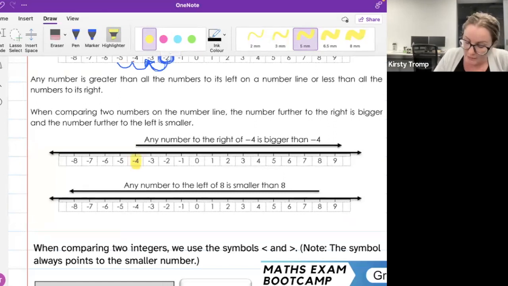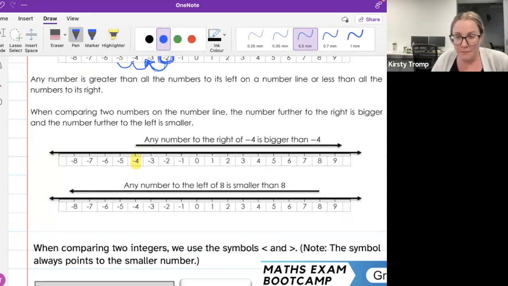So if we look at the number -4, any number to the right of -4 will be bigger than -4. So let's take an example. If I look at -4 and I look at the number 2, here's the number 2 over here.